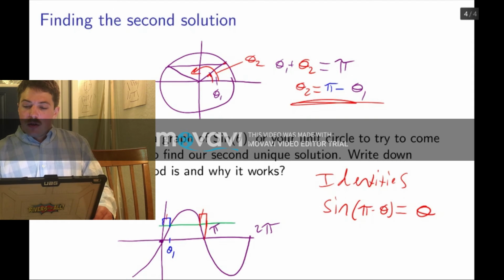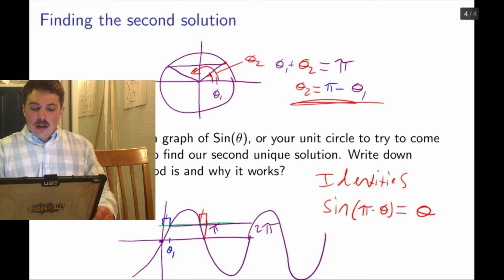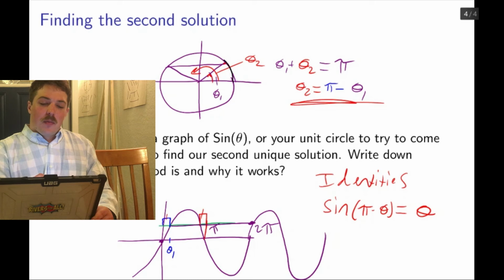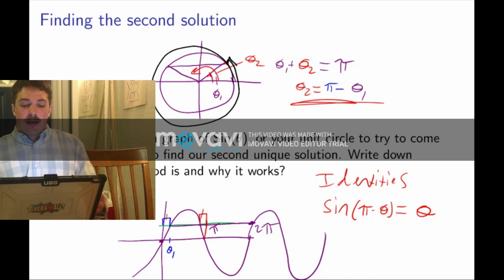But this next solution on our graph is a full period away from our first solution. So getting that solution is like this progress in the black. We're going to start here, we're going to come up, we're going to pass that, we're going to go all the way around the unit circle and then back here. So that's just going to be a repeated solution.